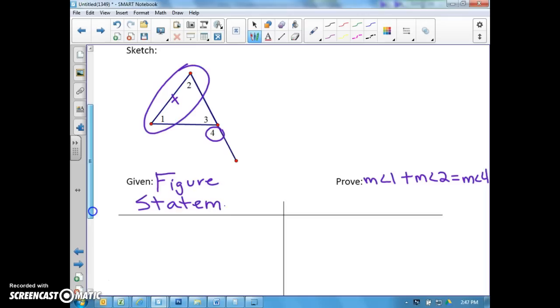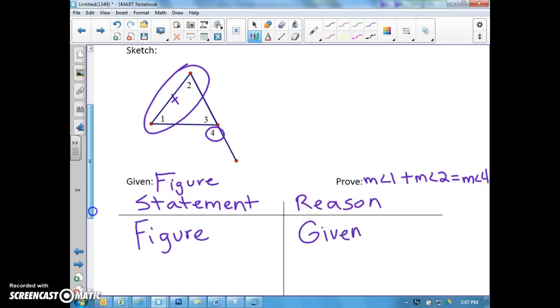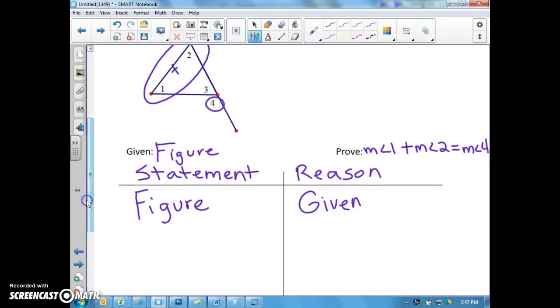So, we're going to start the proof. Statement, reason, as always. My given is just the figure. Now, one thing we know from the last proof we did, that the sum of the interior angles of a triangle must be 180 degrees.